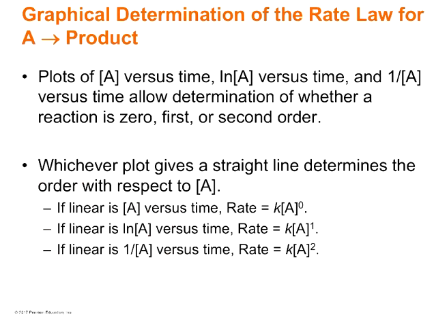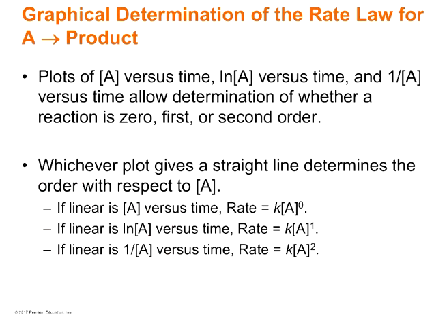And this will allow us to determine whether we have a zero order reaction, a first order reaction, or a second order reaction. So whichever plot gives us a straight line, that will be the order of our reaction.